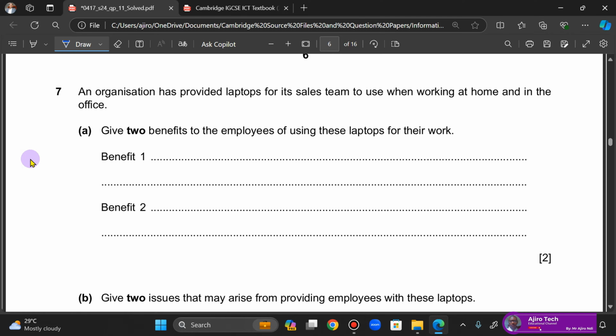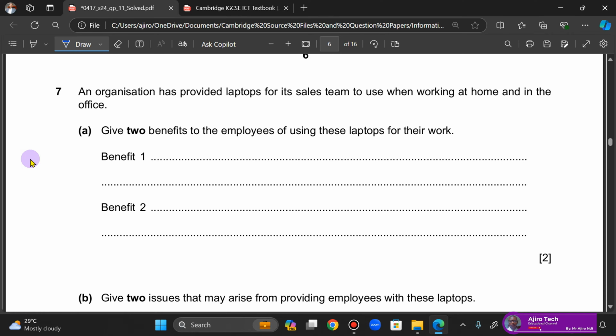It's more or less like a practical kind of question, as if you've gone through the textbook. What are the benefits of using this laptop for their work? You're using it at home and in the office, so you're using the same thing.